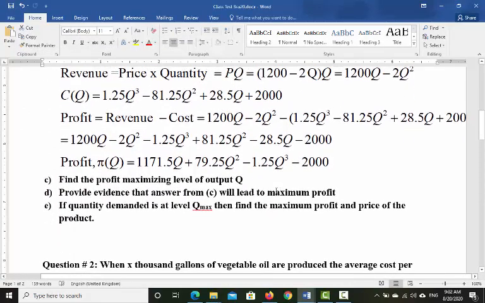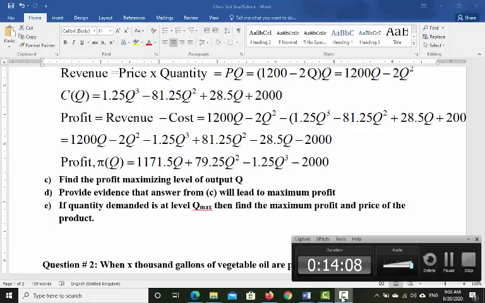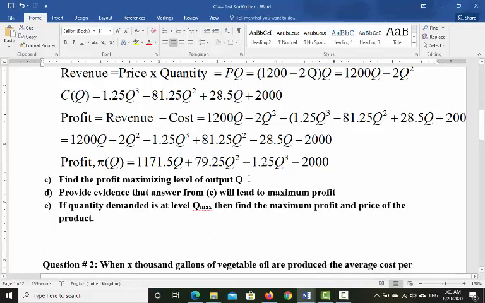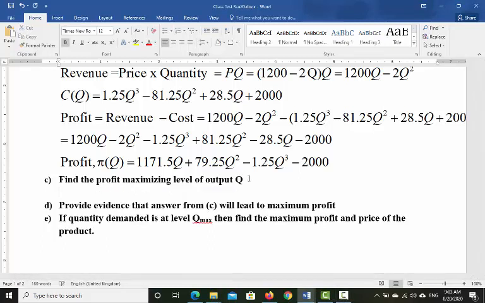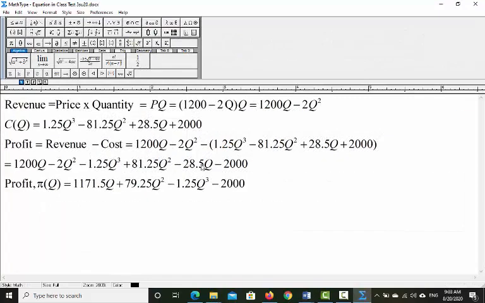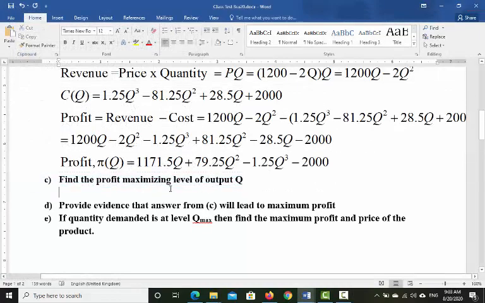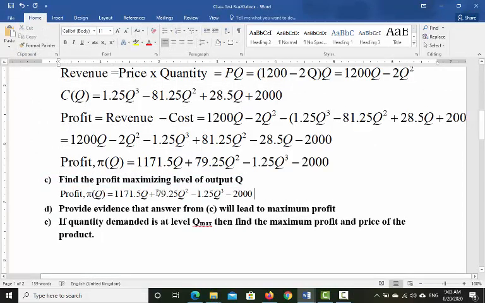Now the question is asking, find the profit maximizing level of output Q. That means we need to find the value of Q for which profit will be maximum. This is the profit function we have, right?